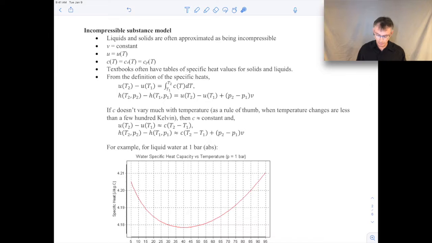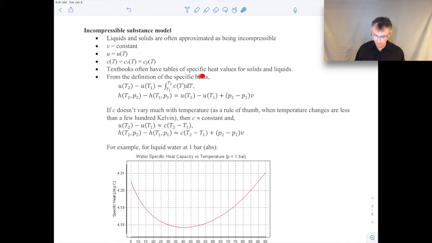In the last video lecture, we talked about how the specific heat for an incompressible substance is just one value. Generally speaking, for substances, you'd have a C sub V and a C sub P, specific heat at constant volume, specific heat at constant pressure. But for an incompressible substance, the two are the same. So we just give it a C. And it's in general a function of temperature.